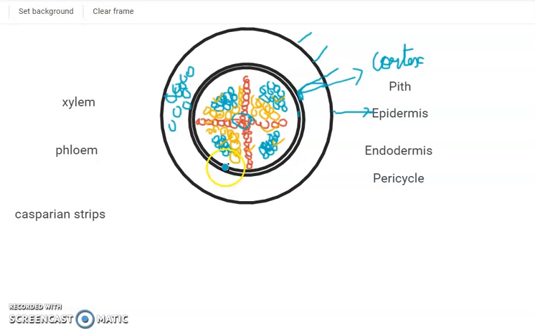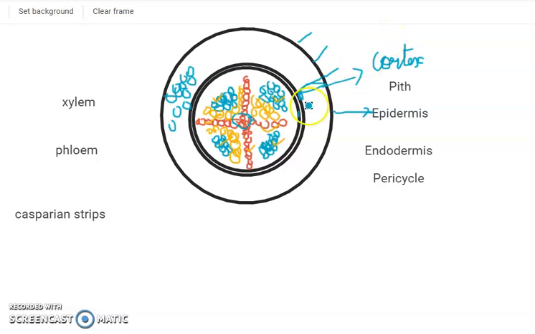Completely the cortex is surrounded by the parenchyma cell, and these are thin-walled. See, I am not drawing it completely. Just understand that space will be fully covered by thin-walled parenchyma cells with intercellular space. With intercellular space means there will be space between the cells.